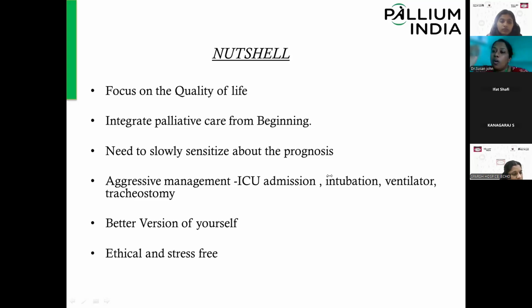There is no point in continuing oxygen for COPD patients unless the patient is more comfortable with oxygen. If so, we can continue it. Otherwise, we have to stop it, and we can start morphine for these advanced COPD patients. It will do wonders for that patient. Low dose morphine is very, very important.